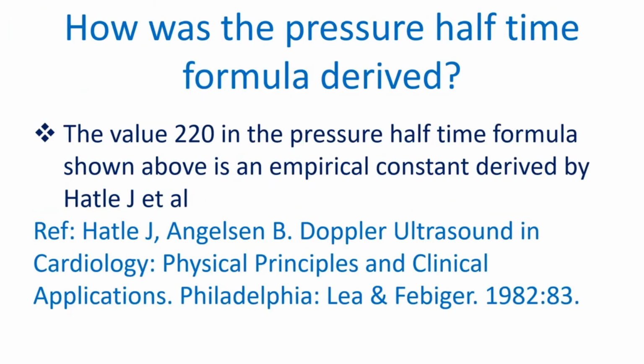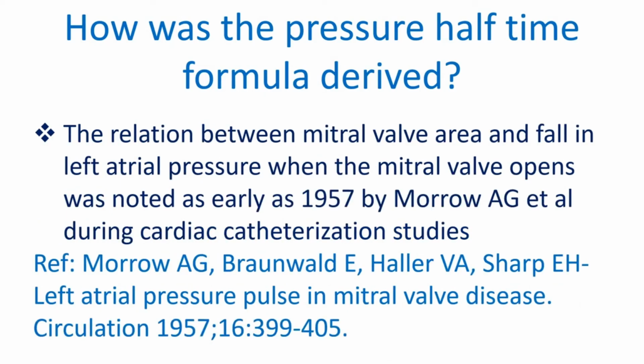How was the pressure half-time formula derived? The value 220 in the pressure half-time formula shown above is an empirical constant derived by Hartley and colleagues. The relation between mitral valve area and fall in left atrial pressure when the mitral valve opens was noted as early as 1957 by Morrow AG and associates during cardiac catheterization studies.